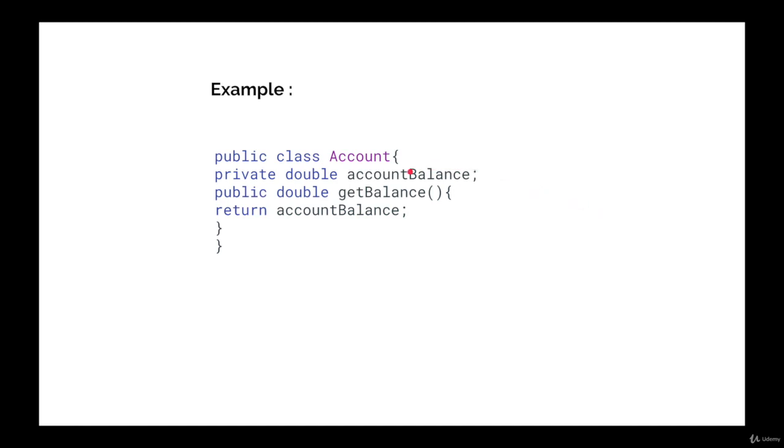So here in this example I see account balance is hidden from the outside world, and no one outside of this class account can access account balance, whereas account balance is only accessible from this particular method called get balance. In get balance method you can write whatever rules you want to return the account balance, and this is nothing but the example of data hiding in Java.